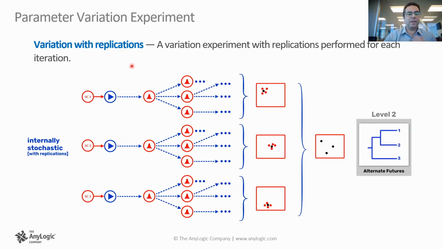The replication here means that we run multiple simulations for each iteration. What I mean by this is that, back to our previous example, if I have one forklift assigned to this scenario, I run this simulation with one forklift 3 or 4 times with the exact same input, and then I go to 2 forklifts and run it 4 times, and now I have 4 data points for each scenario.